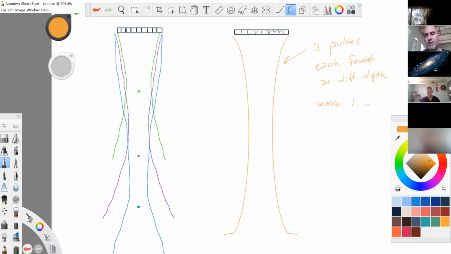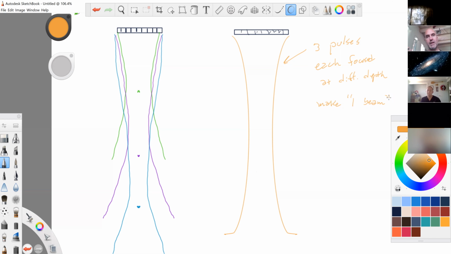Makes one beam. I'm gonna put that in quotes because it is one beam, but it's pulse, pulse, pulse.